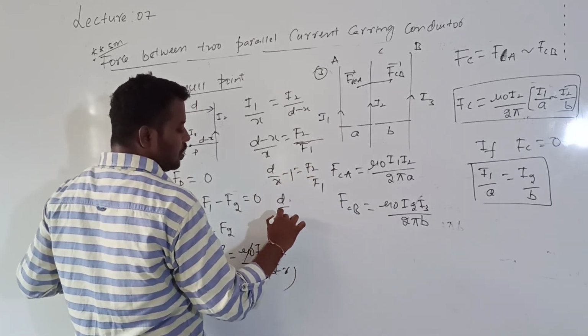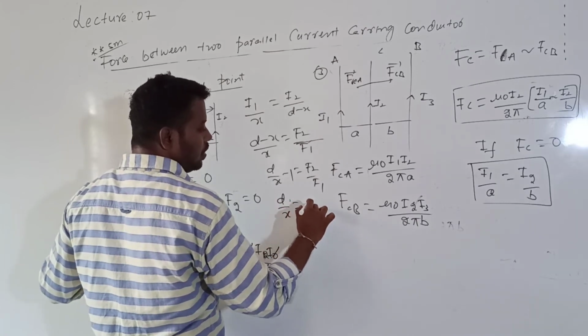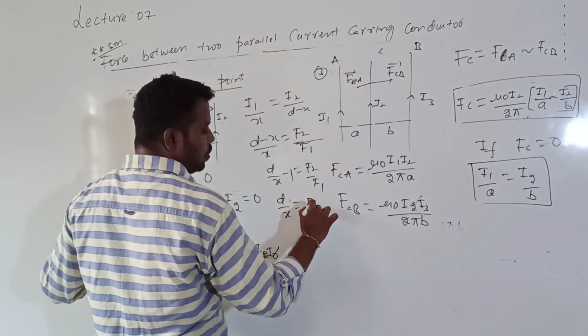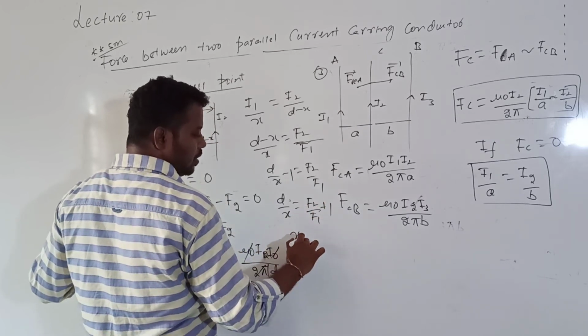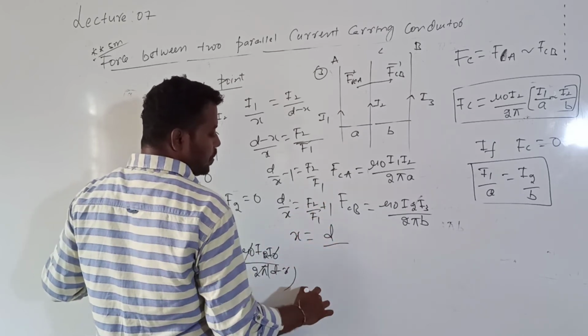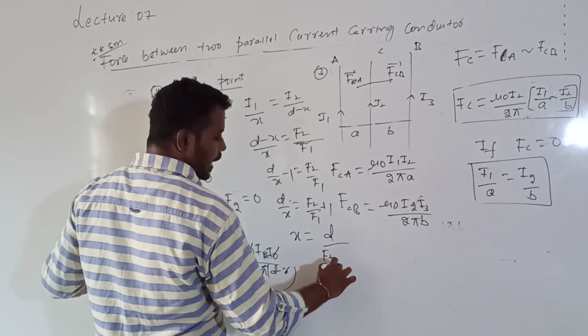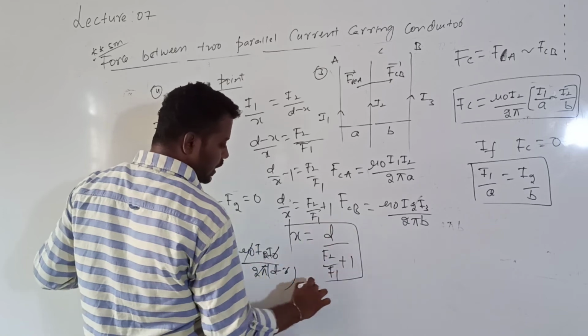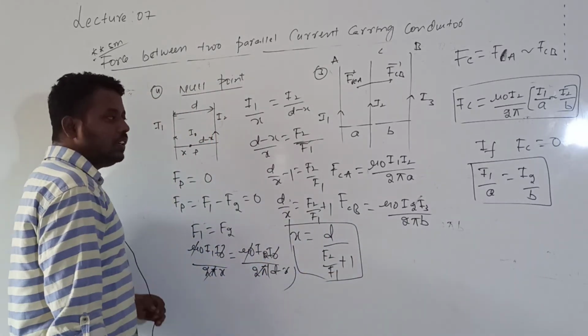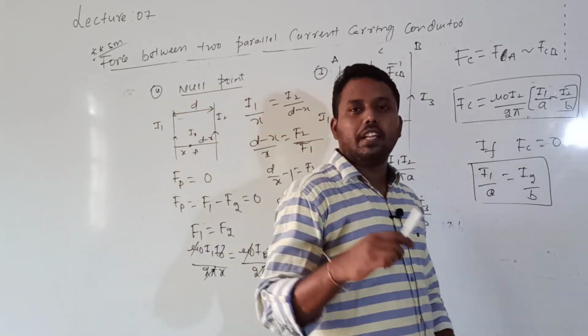From this, d by x will be equal to I2 by I1 plus 1. From this, x is equal to d divided by I2 by I1 plus 1. Understood? What is the x distance of the null point?